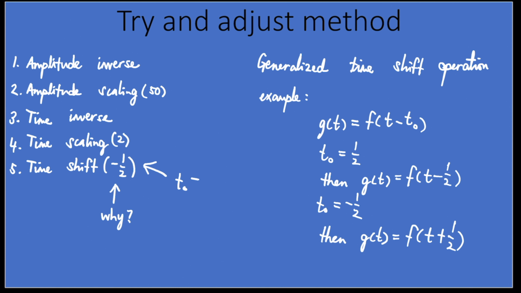So clearly in this case, t naught is equal to minus 1 over 2.